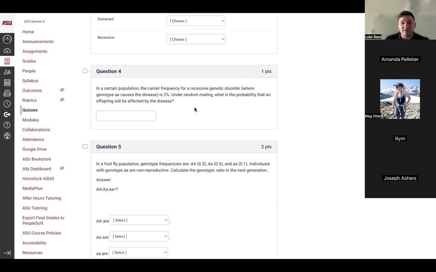Yeah, so this one, I will say four and five are the ones that, looking over the quiz, were a little tougher. But looking at genotype little a causes the disease at 2%. That's what that says. I think this is the only place where you can start, that's going to be q squared, right? So if you say q squared is equal to 2%, or 0.02, let me see here actually.